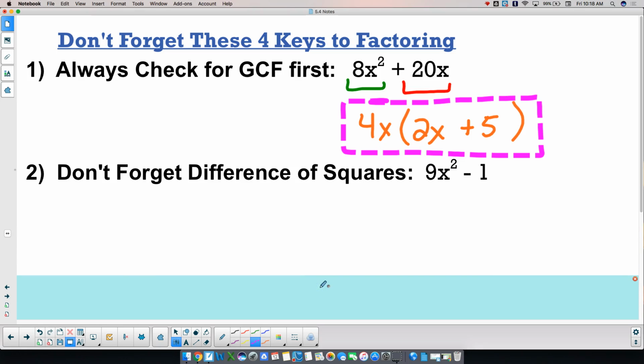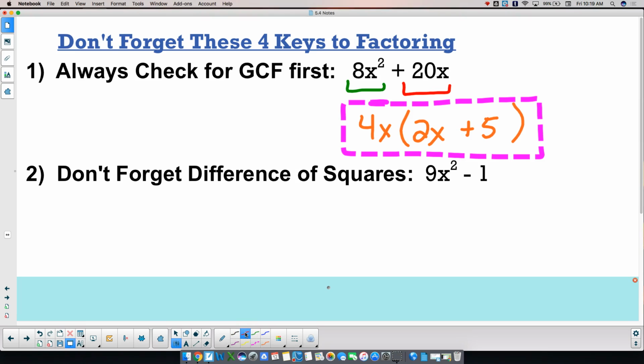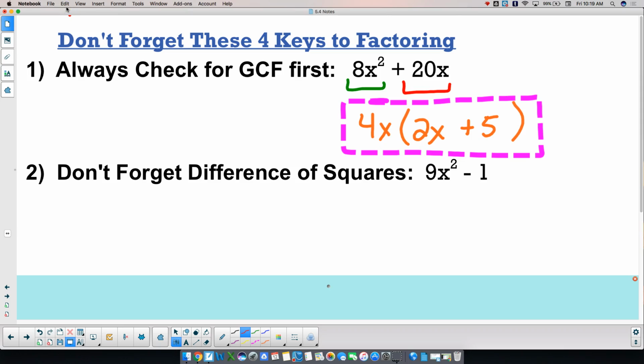Next thing you look for is you look for the difference of perfect squares. So if I have a squared minus b squared, it has to be subtraction.